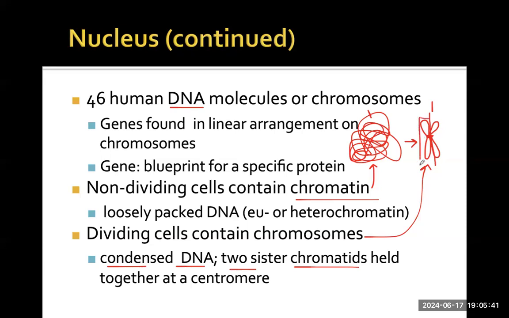Each one of these individually is called a chromatid, T-I-D. Be careful when you guys are looking at these words because chromatin and chromatid are one letter different. This is chromatin. One of these arms is a chromatid. And then the chromosomes are going to be held together at the center, which we would call the centromere, or the waist of the chromosome.